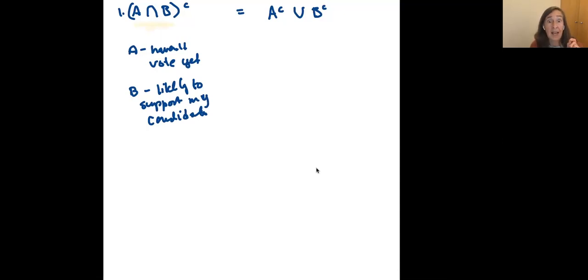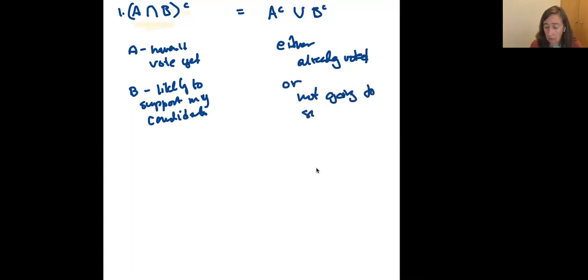properties. The houses I skip, that's the complement, what are they? Either the people who have already voted, okay, that's water under the bridge, they've already voted, or not going to support my guy.